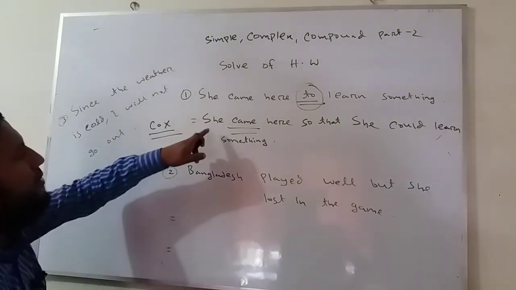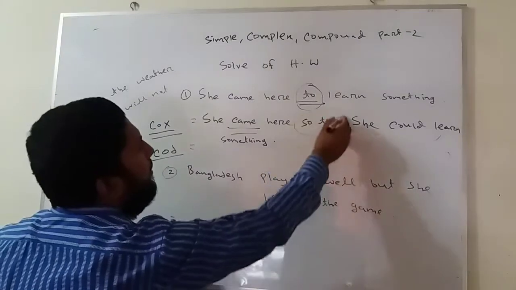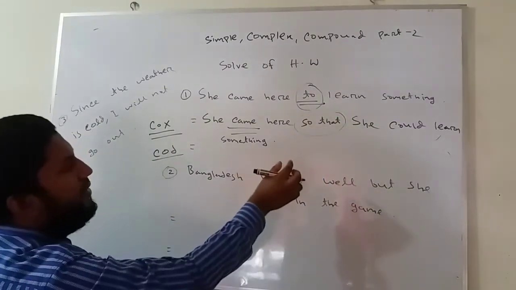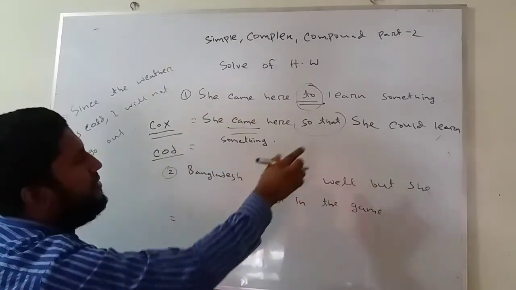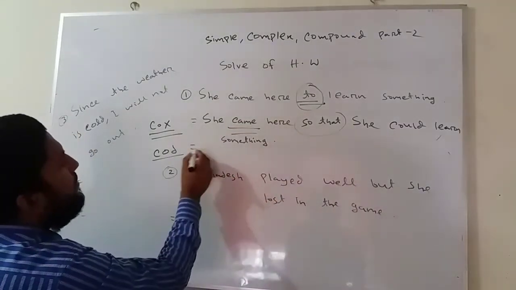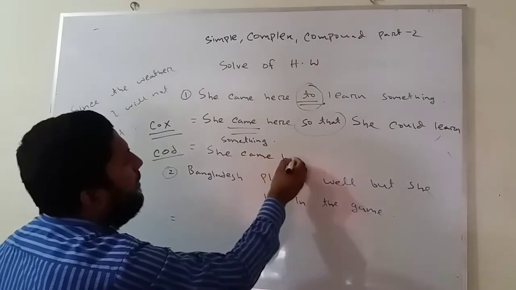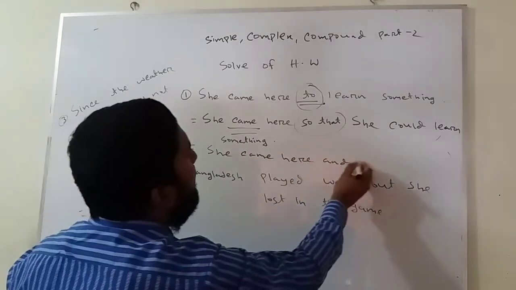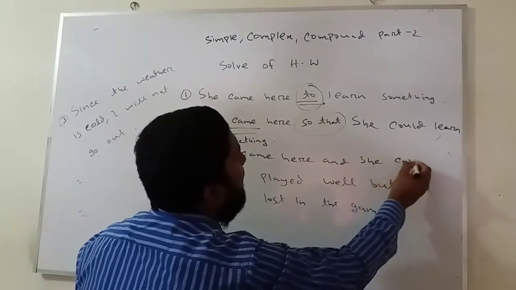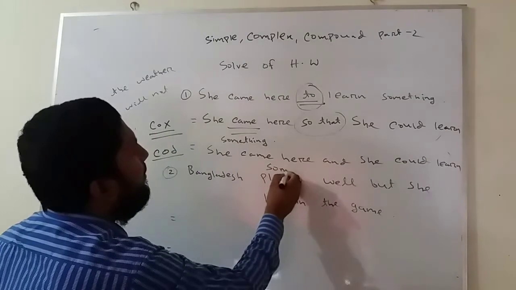In compound, there are two rules here. Instead of "so that," you will have to use only "and," and the full sentence will be unchanged. So the compound is: she came here and she could learn something.